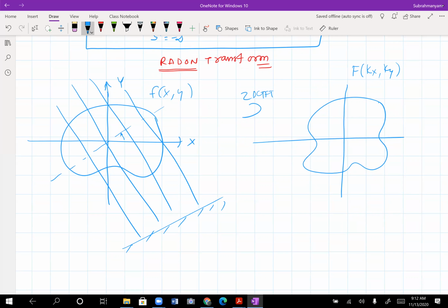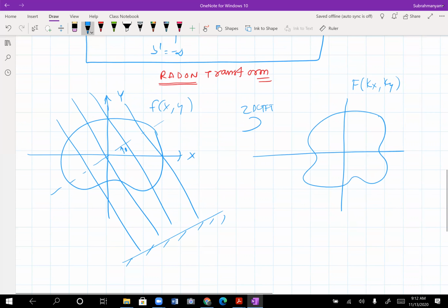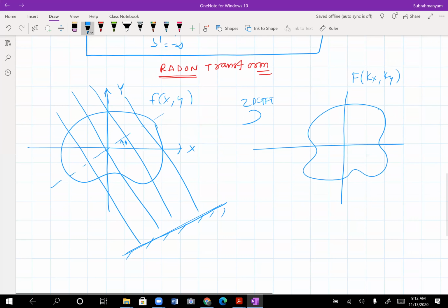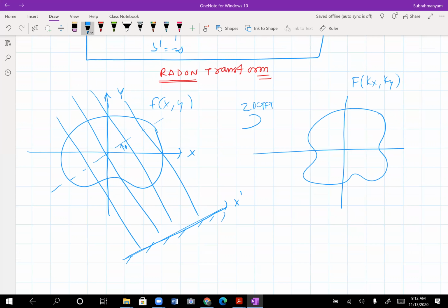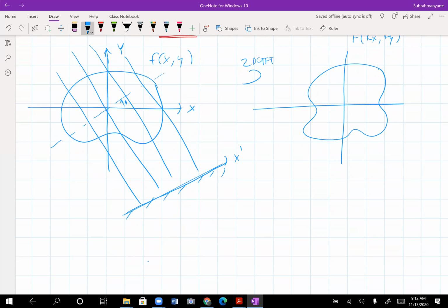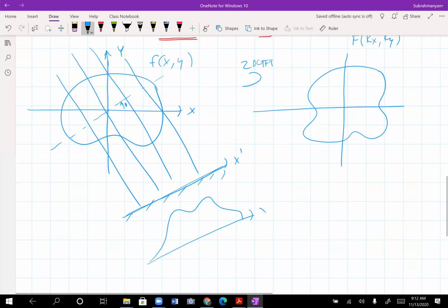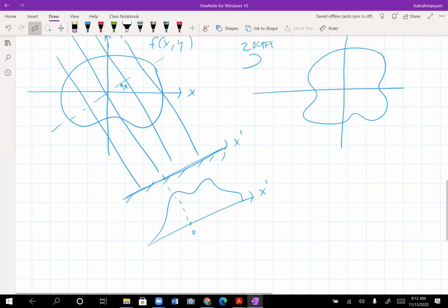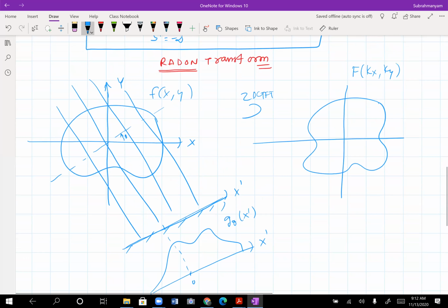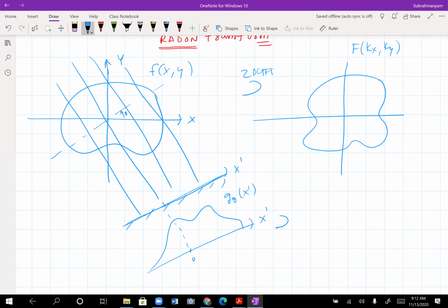So this is at an angle theta. This we are calling x dash here, and you are getting some profile for varying values of x dash. By the way, 0 would match, that's an important thing. So we are calling it g theta of x dash. And now for this, you compute the one-dimensional CTFT.